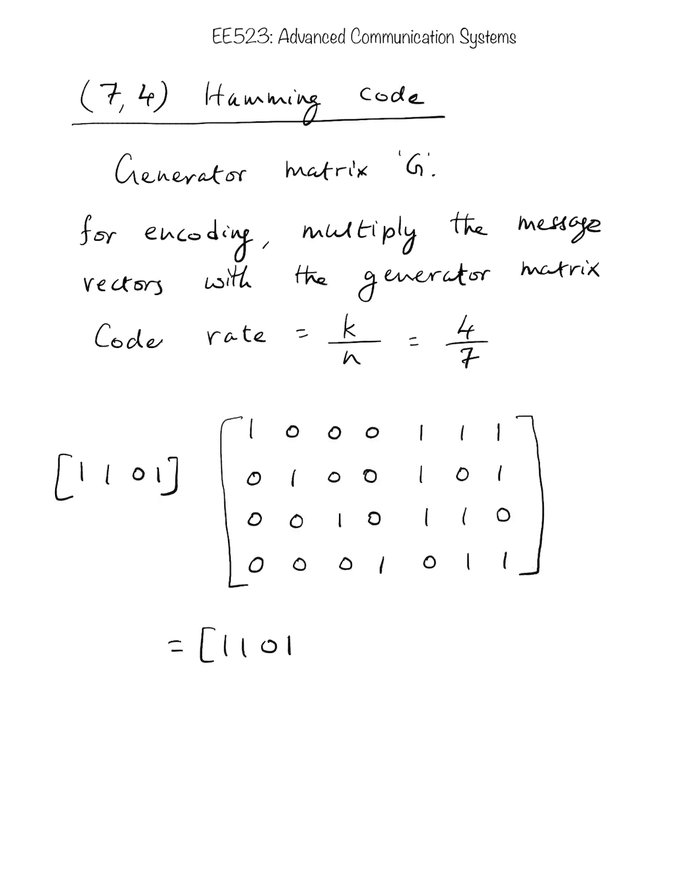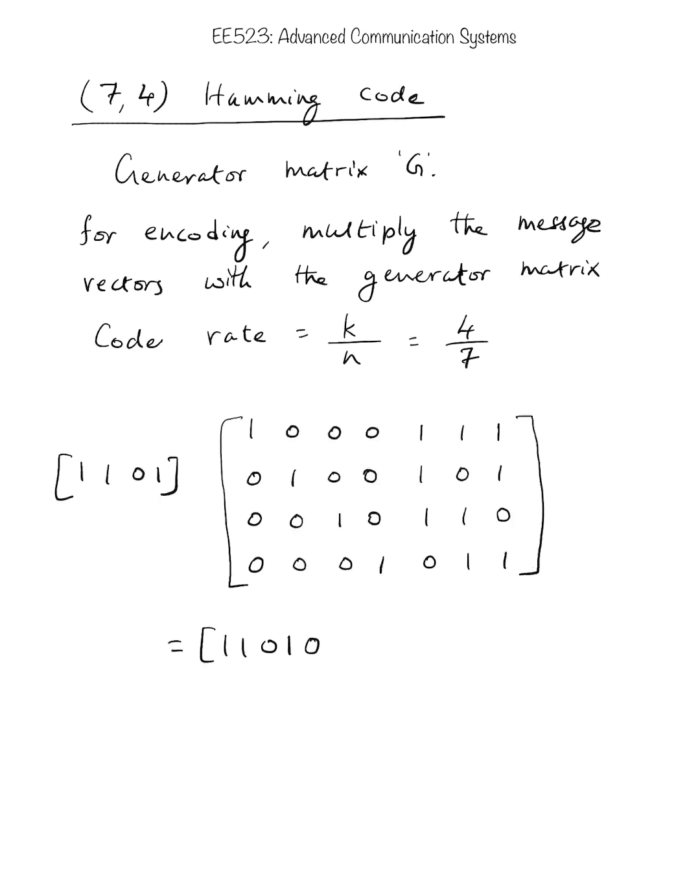The total sum is 2, and 2 modulo 2 is 0. So we get the first parity bit as 0.